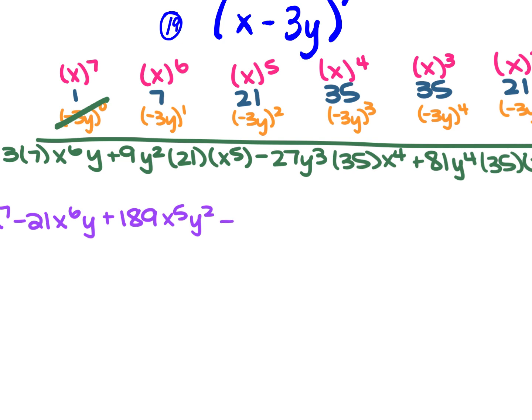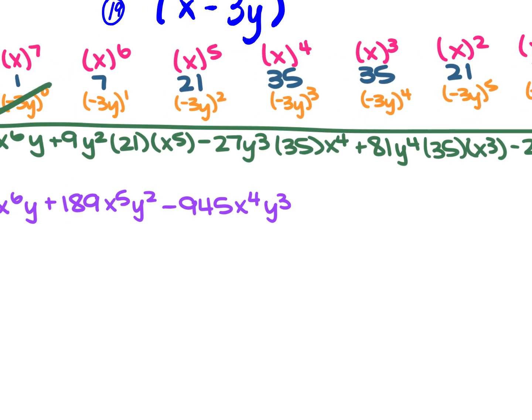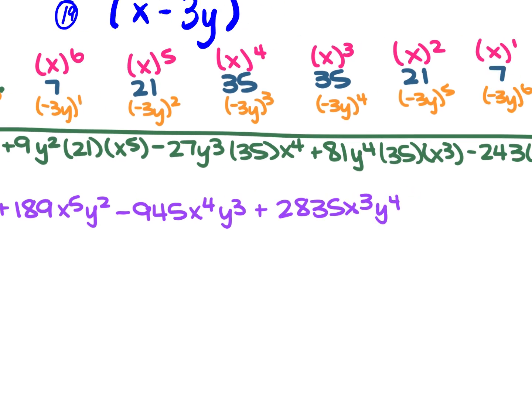Then you have 27 times 35, which is 945 x to the 4th y to the 3rd. Next you have that 81 y to the 4th times 35 x to the 3rd, which is going to give you a positive 2835 x cubed y to the 4th.